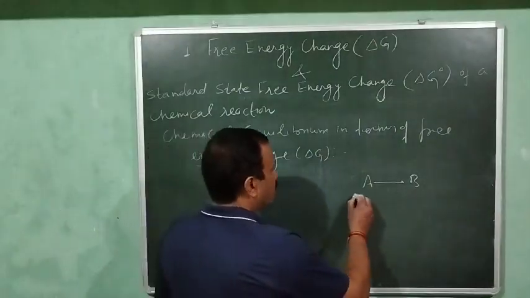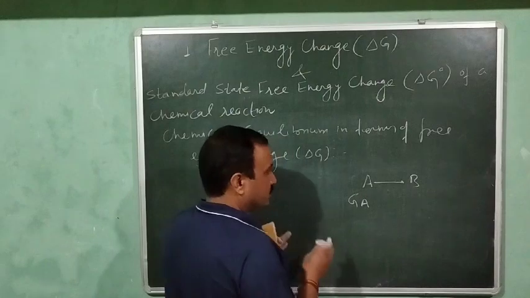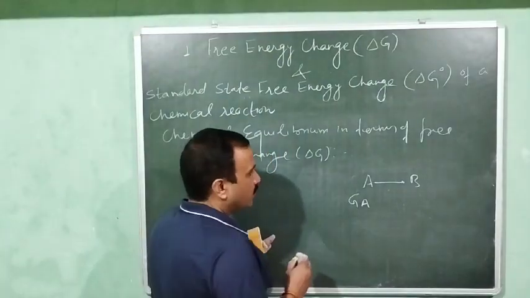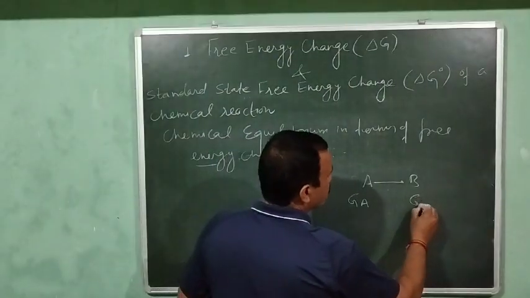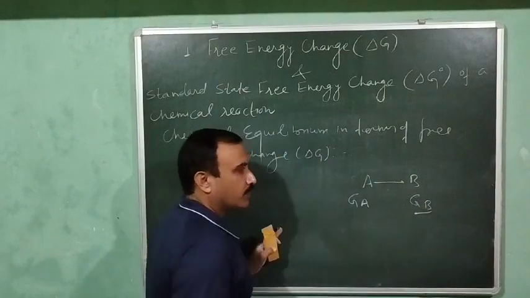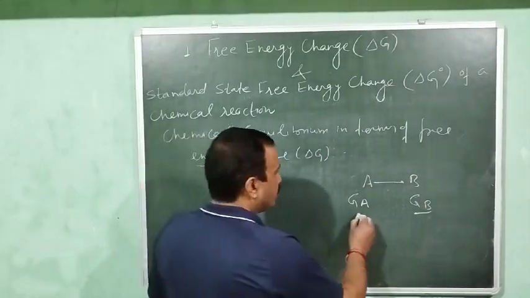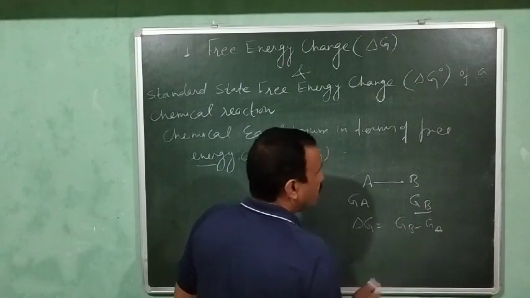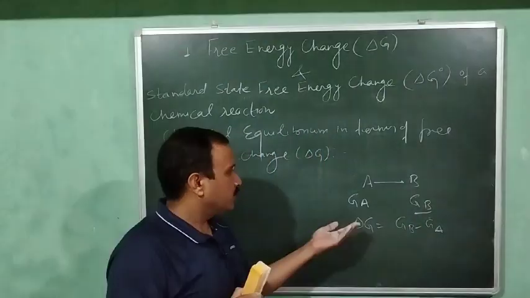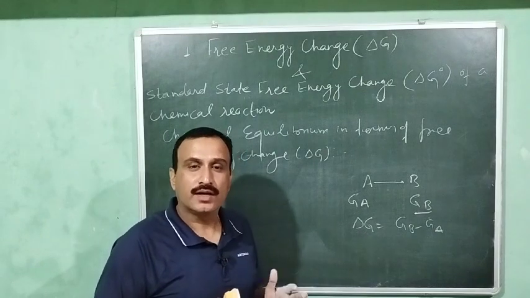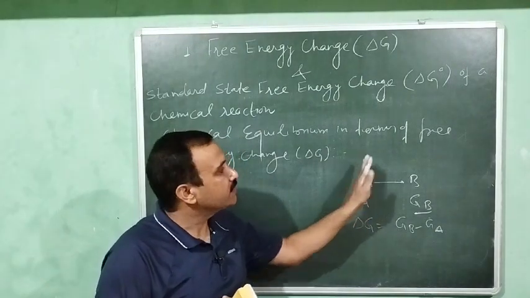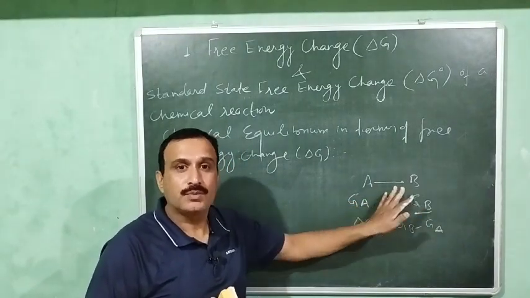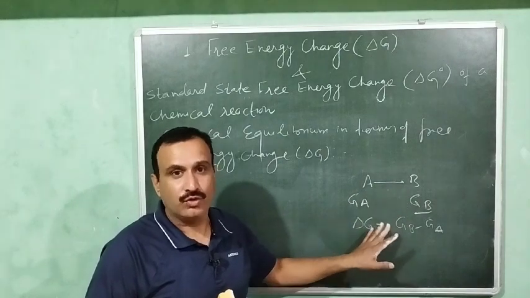And let Ga be the free energy of the reactants initially, and Gb the final free energy of the products. Then this delta G will be equal to Gb minus Ga, because delta G is a state function and it depends upon the initial state and the final state. It doesn't depend on what is happening in between.